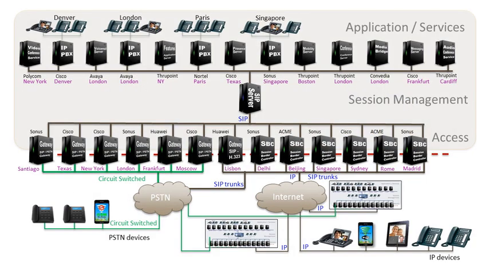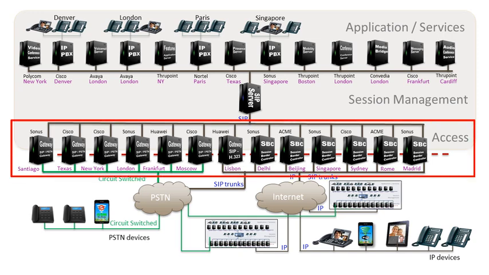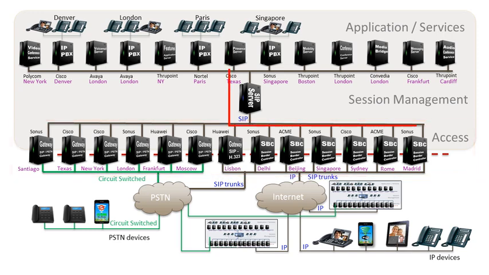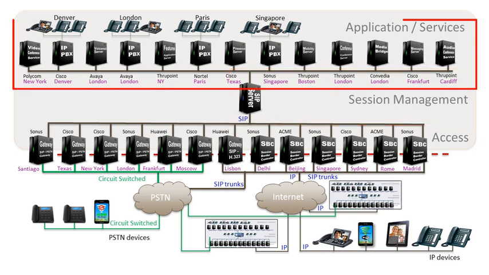Today's real-world communications networks will have many SIP servers. There'll likely be session border controllers and PSTN gateways at the access layer, session management servers at the management layer, and conference servers, IP PBXs, voicemail servers, feature servers, presence servers, mobility servers, messaging servers, and more, all at the application services layer.